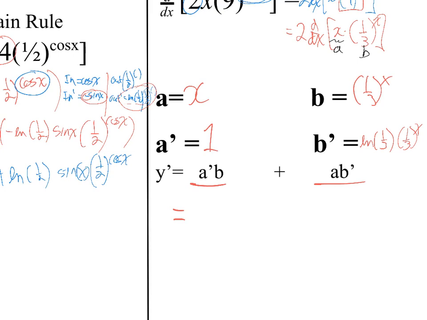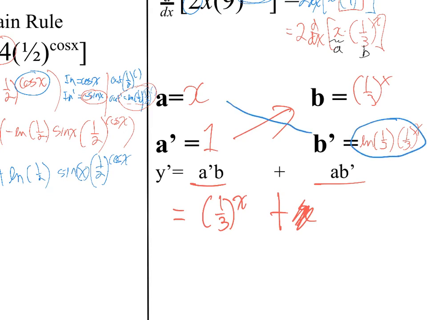So a prime b is 1 times 1/3 to the x, 1/3 to the x, plus a b prime. x times, here's where, see, and that's a perfect case where I'm just going to scratch that out. So remember that I always like to look at these before I actually multiply them.